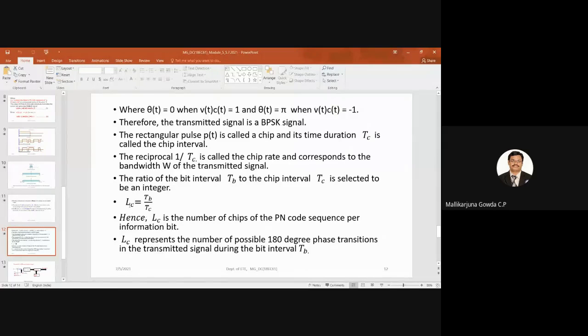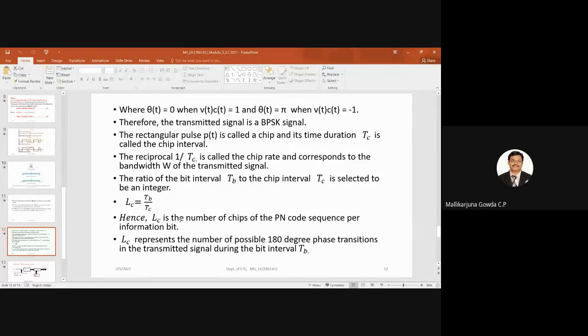So L_C is equal to TB by TC, where L_C is the number of chips of the pseudo-noise code sequence per information bit. So per information bit, how many pseudo-noise sequence bits do we use? In the example I have considered, I have used 7 pseudo-noise chips, or bits, per information bit.